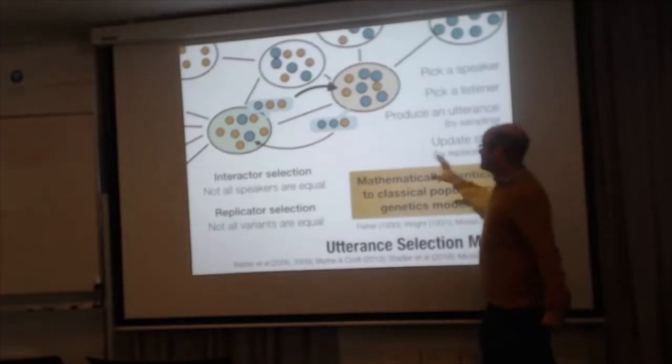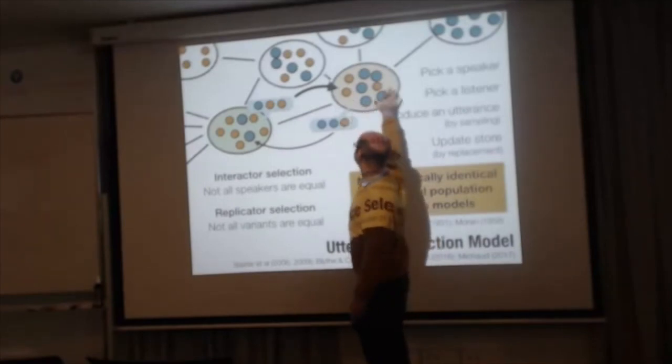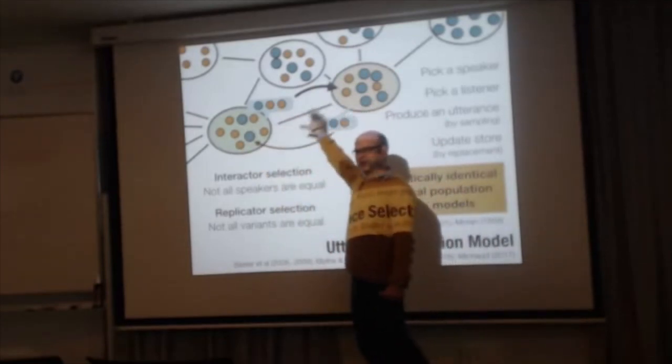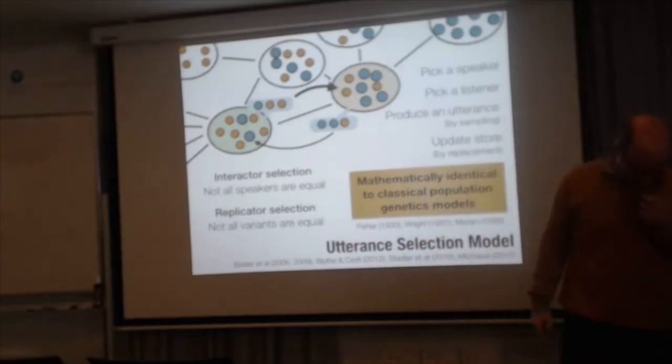Mathematically, these 2 forms of selection go into the model in different ways. One is in biasing the original sampling process, and the other is in the process of transferring, of moving these usages around from one speaker to another. Good. So that's the model.